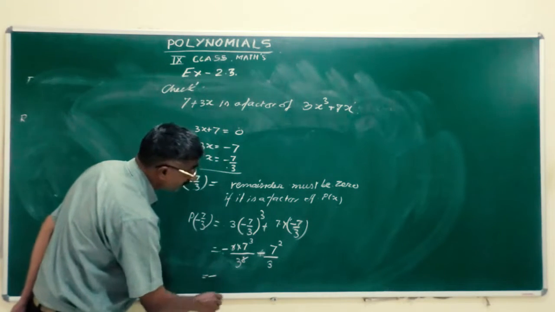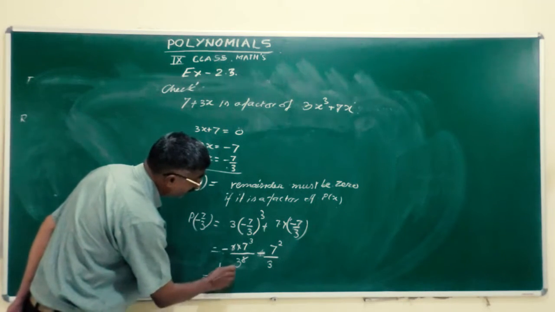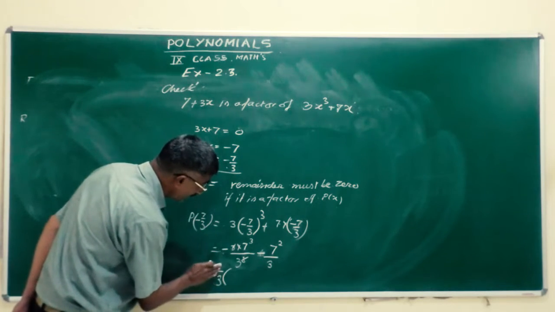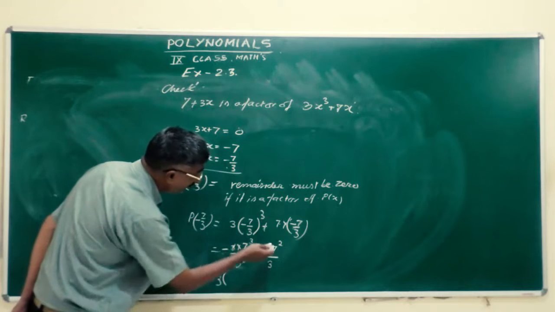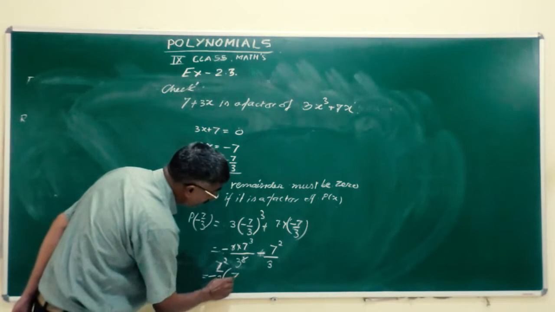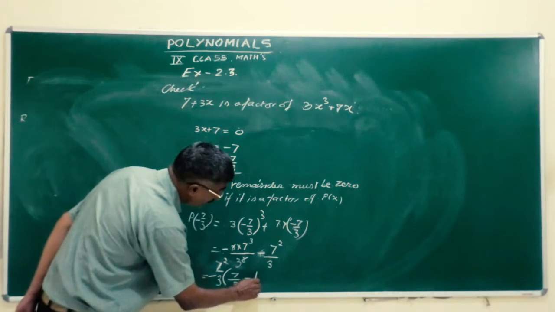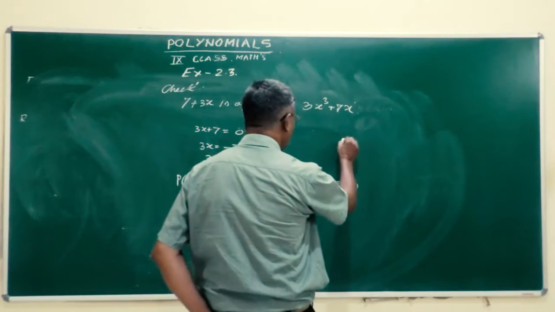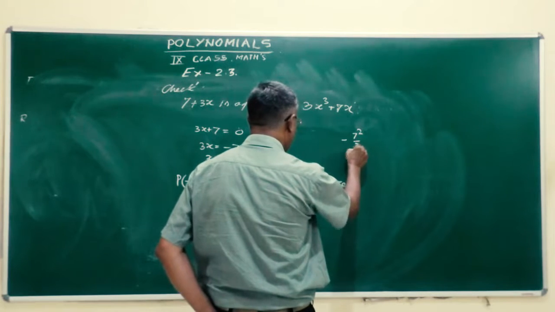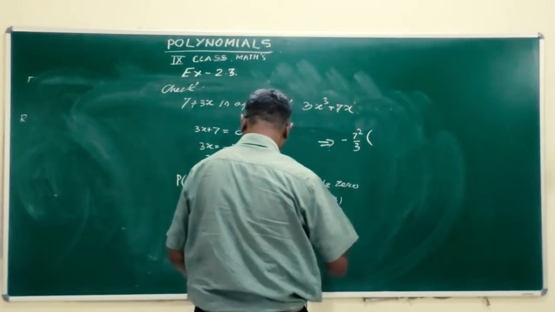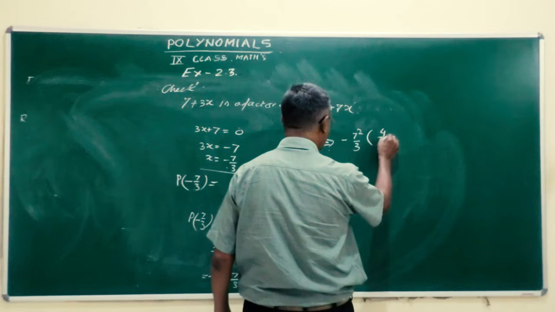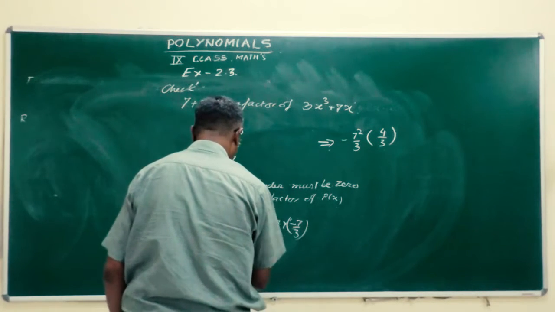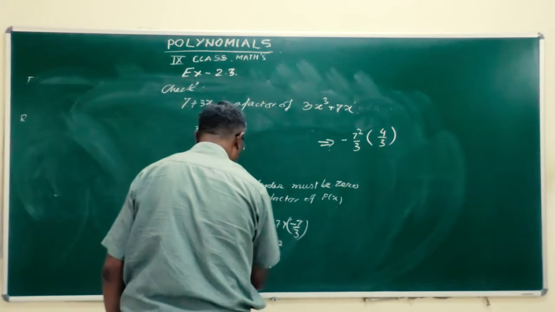So minus is common, and 1 by 3 is common, so that is equal to minus 7 square upon 3 into 7 by 3 plus 1.